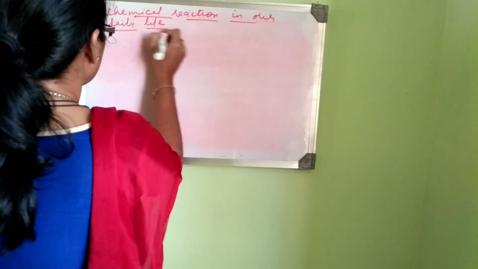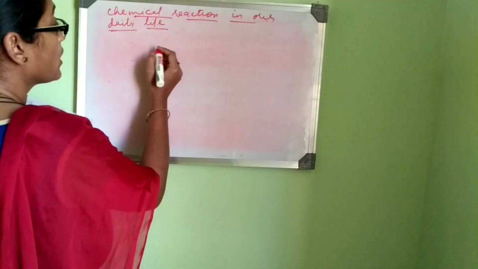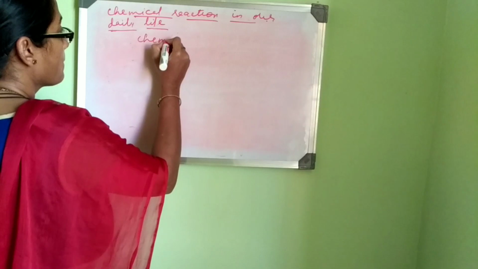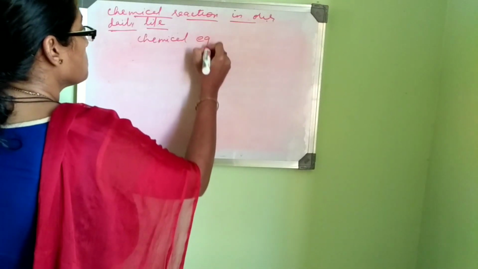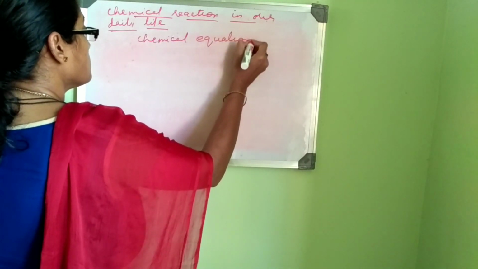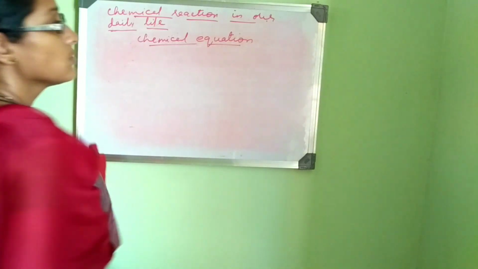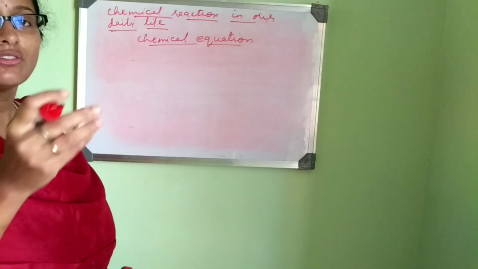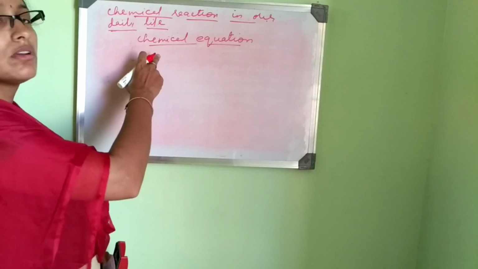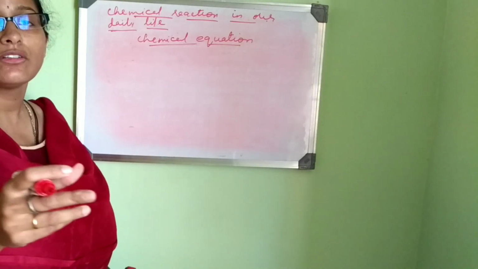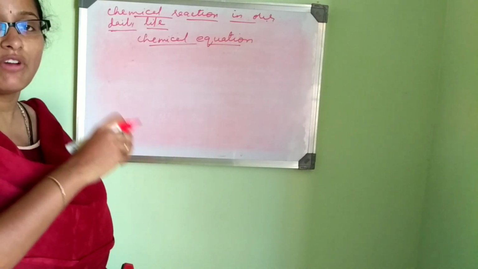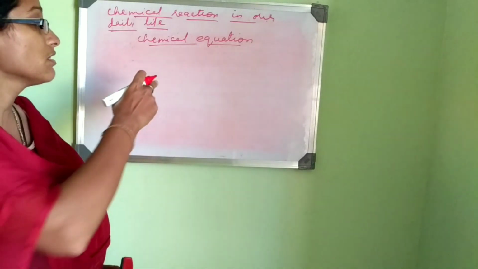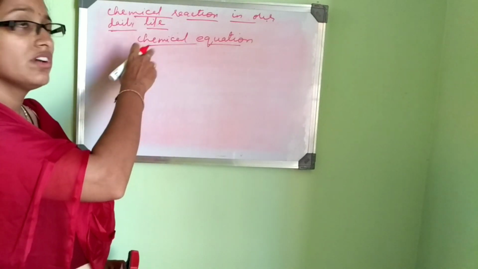So next we will see the chemical equation. Wherever there is a chemical reaction, we need to understand the chemical reaction. What is a chemical reaction? It is a new product or a new substance formed from one substance to another substance, and a new property is developed.